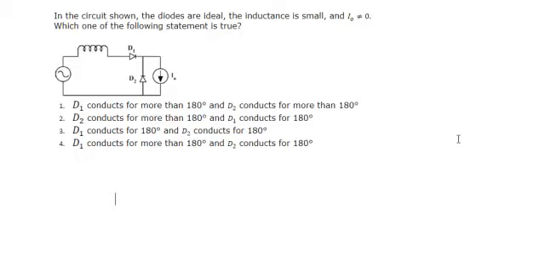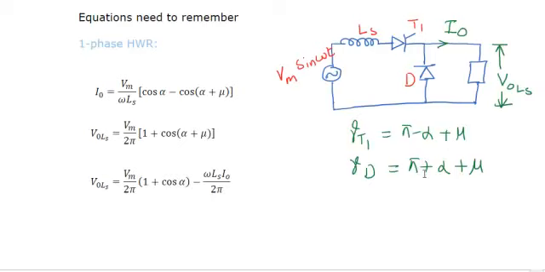Then you need to look at the single phase half-wave rectifier with thyristor control. If you look at what we discussed here, this is a single phase half-wave rectifier with thyristor. Now I just told you that the difference between the thyristor controlled and diode rectifier is only alpha.